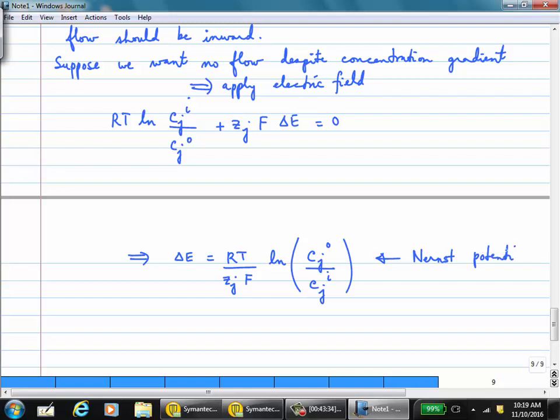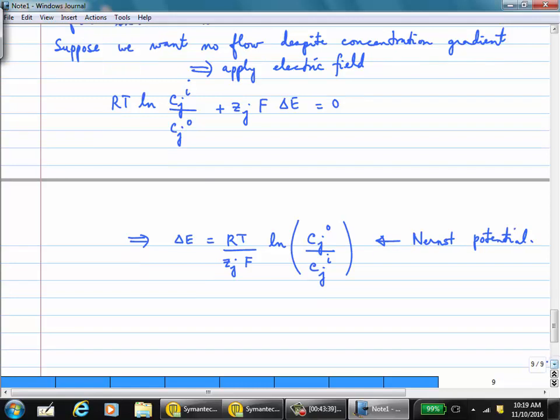And to get a better feel for this equation, let's take a more concrete example. Suppose you have a positively charged ion, and the concentration outside is 10 times higher than the concentration inside. So if the ion is unit positively charged, that means the charge is +1, like it could be sodium, potassium and so on.